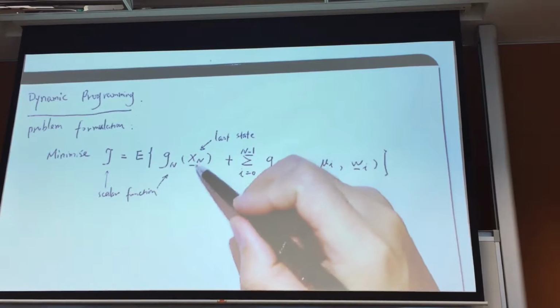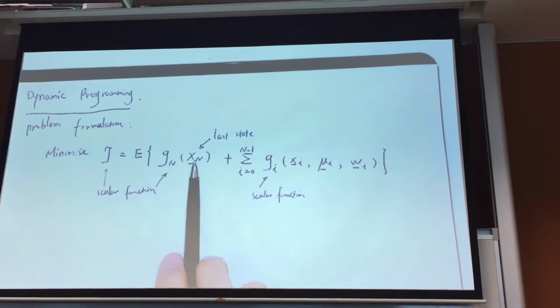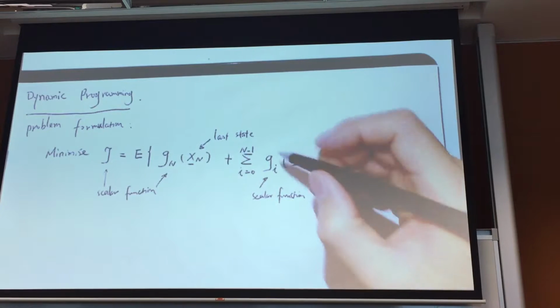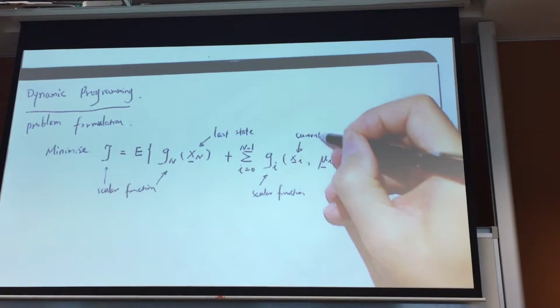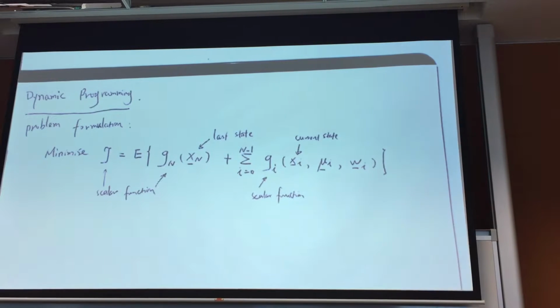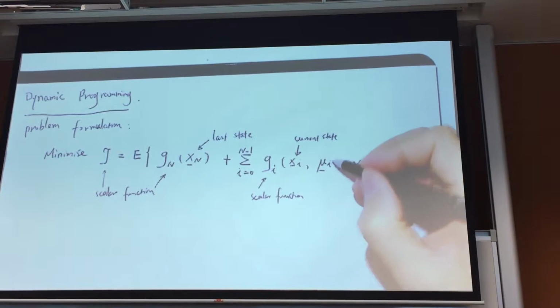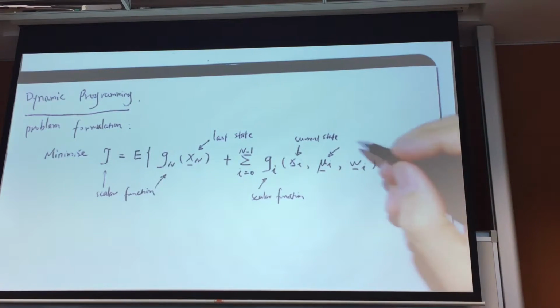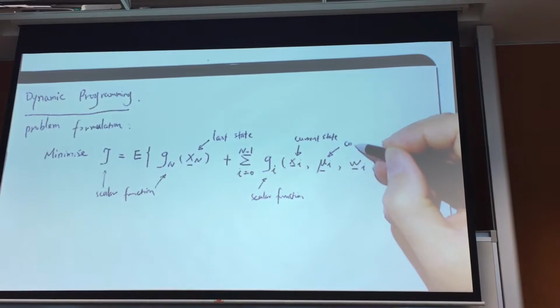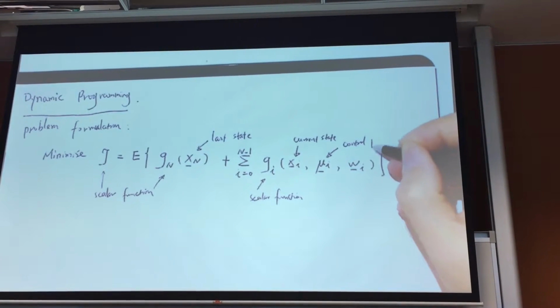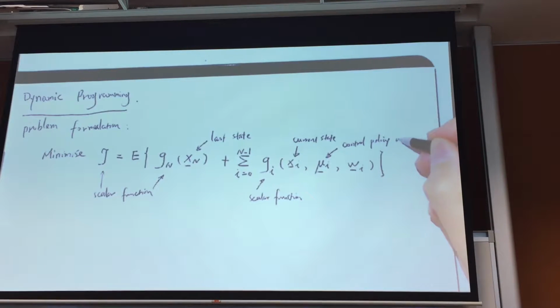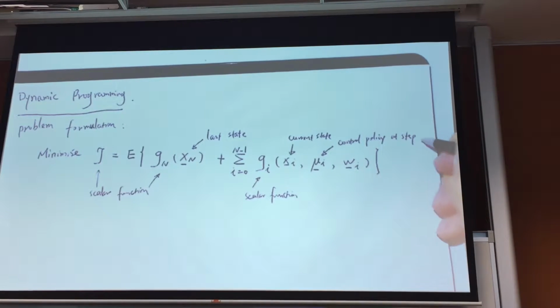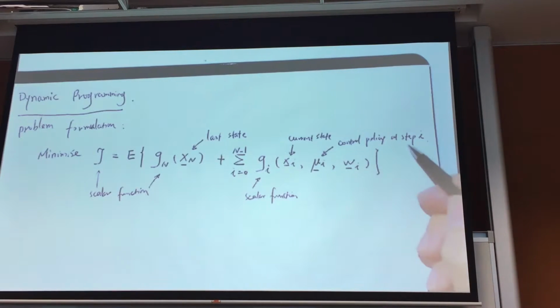So the x are the state vector. So x_N is the last state. So x_i is just the current state. So we have this mu_i to be a function of control policy, the control policy at step i.